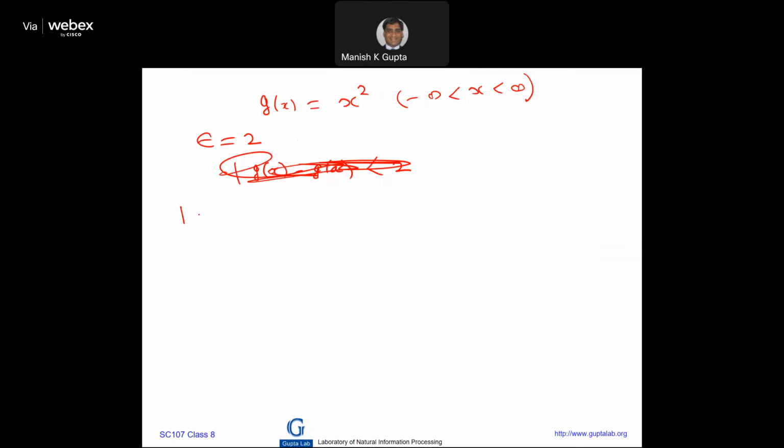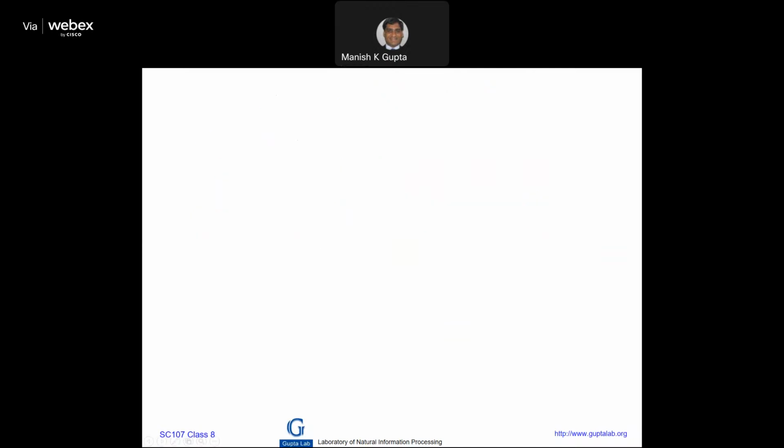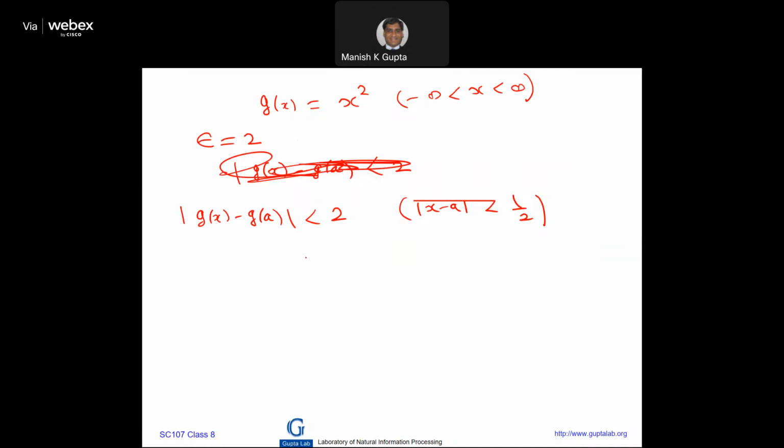Now this is the statement that mod of g of x minus g of a is less than 2 if we take mod of x minus a less than half. This is true if a is equal to 1.